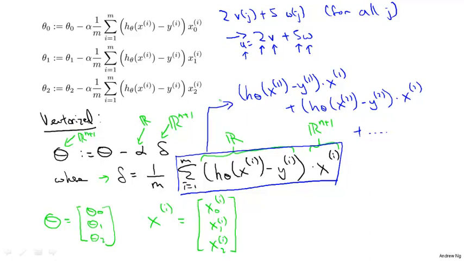Just as you had a real number times a vector plus a real number times a vector, this is a real number, that's the error you make on training example 1, times a vector, the feature vector of training example 1, then plus a real number, the error you make on training example 2, the difference between what your hypothesis outputs and the actual price of a house, say, times x2, the features for your second training example, and so on, up to example m.